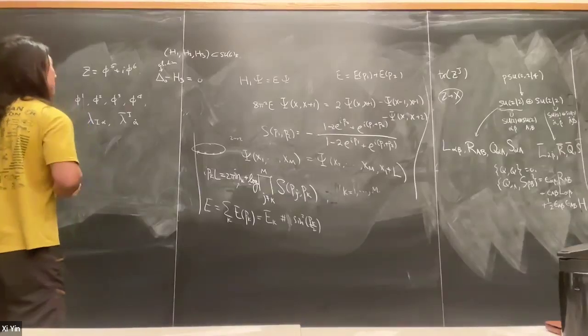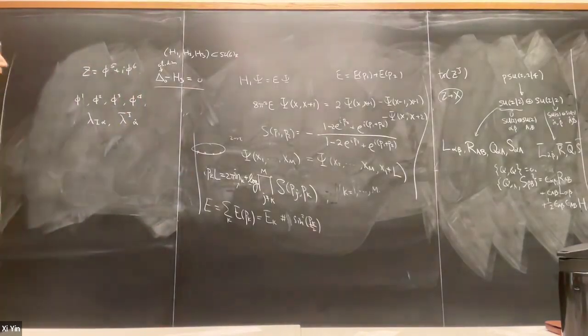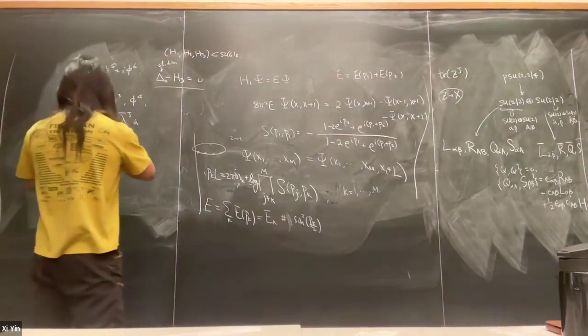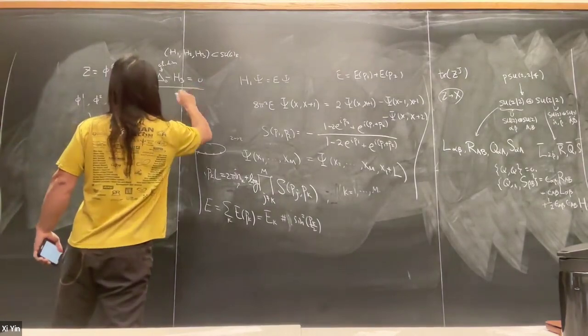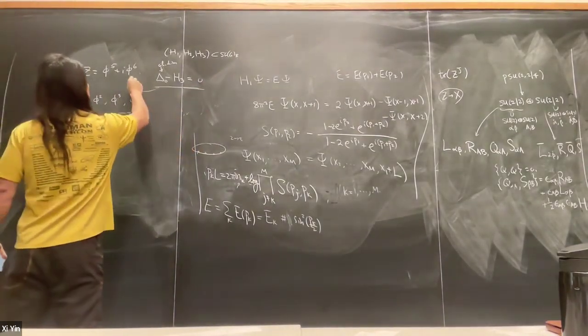So we're going to restrict to the states with this property, so that the states only mix among themselves under perturbative operator mixing. The states with this property will just be the Z themselves.